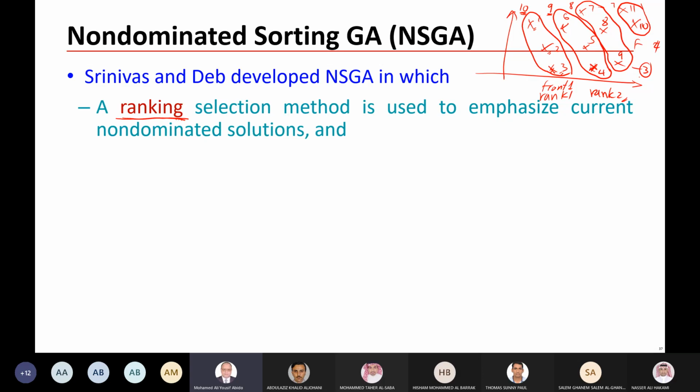So when you want to select 2 solutions randomly and you want to select the better one, if you select one solution from this front and one from this front, you look at the dummy fitness. This is 10 and this is 8. So I will select the 10, which is the better one. And if you select between 8 and 10, which one is better?